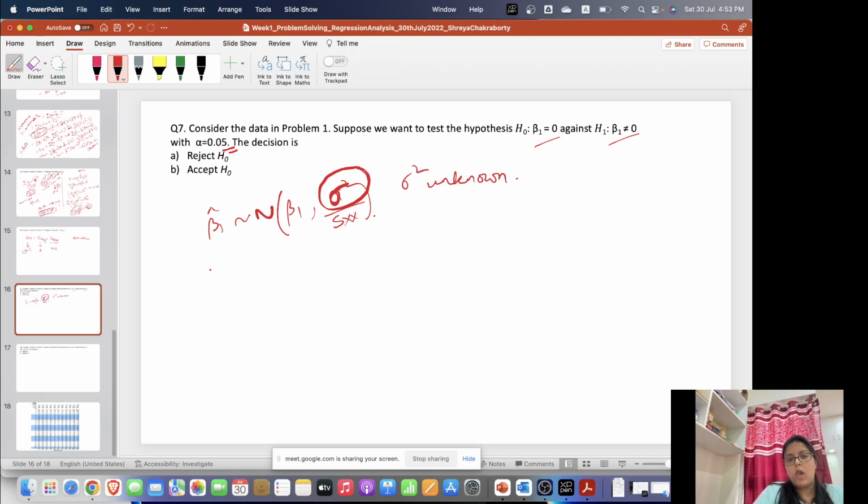Under h naught, beta 1 hat follows normal 0, sigma square by sxx.